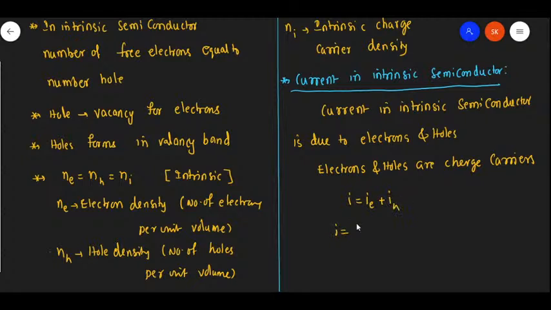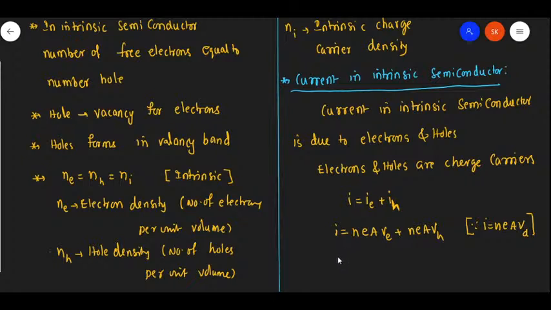Then what is the electron current? We write the current formula in terms of drift velocity. You know this formula. Electron current we write as Ie = nAeVe, taking the electron drift velocity. And Ih means hole current. Hole current we write as Ih = nAeVh.